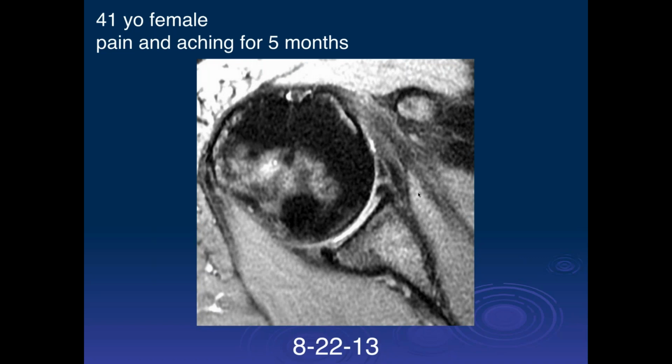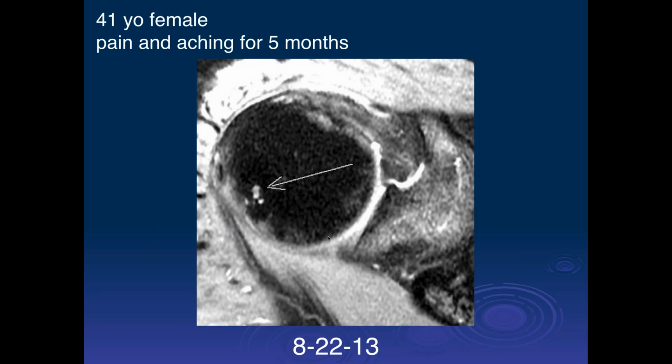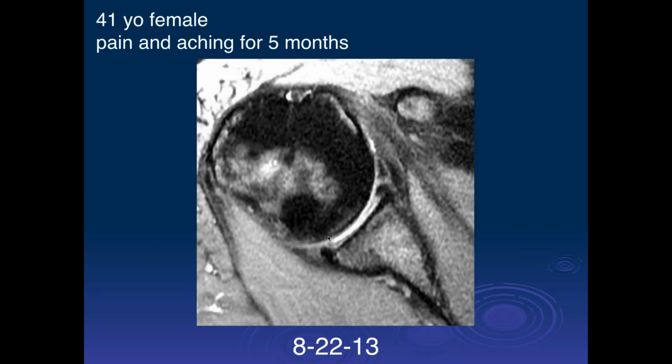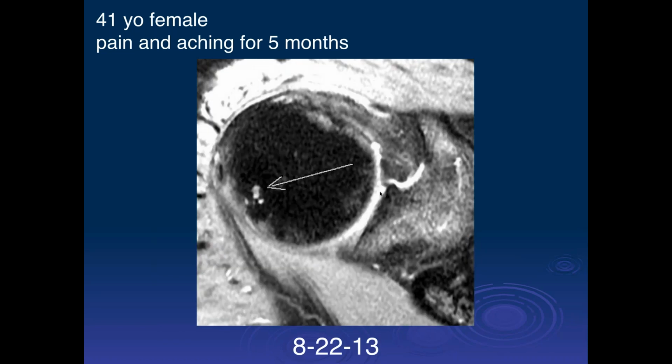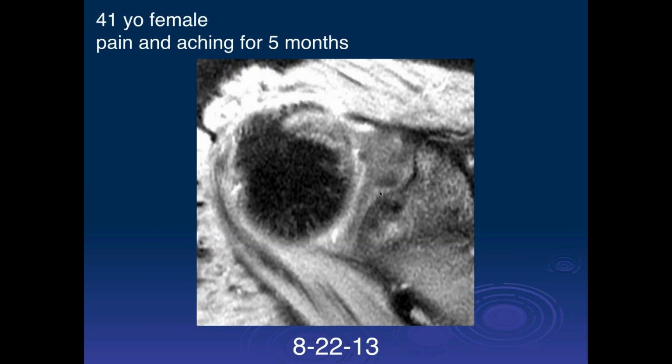There's some edema in the humeral head posterolaterally, with some blunting. Oh, okay, so cyst. Come back here with some signal here anteriorly. And then a little bit further up, we can see some little cystic changes there.